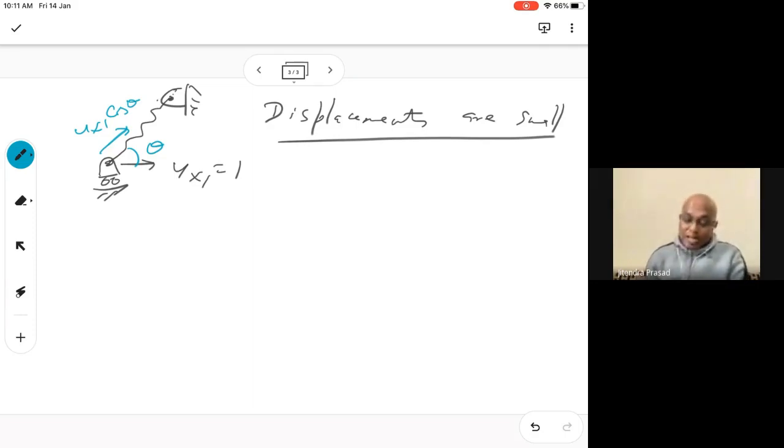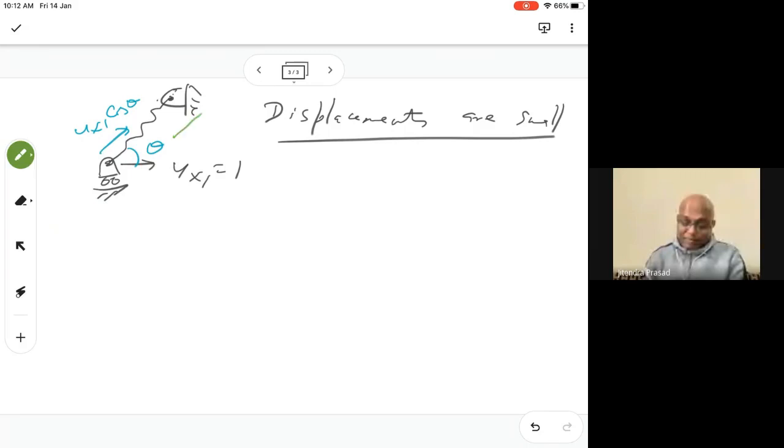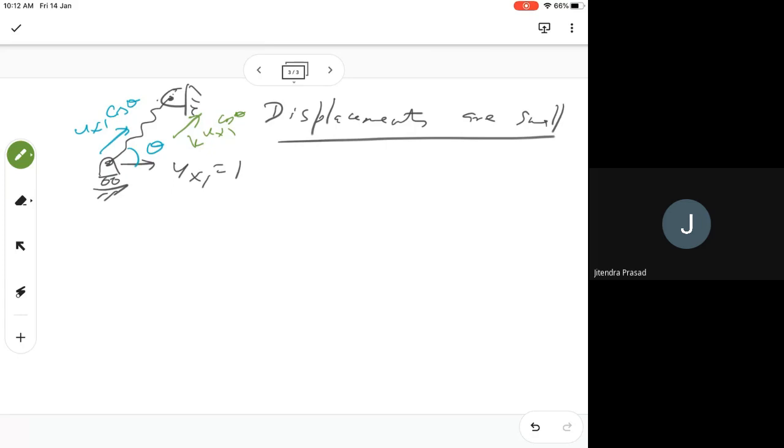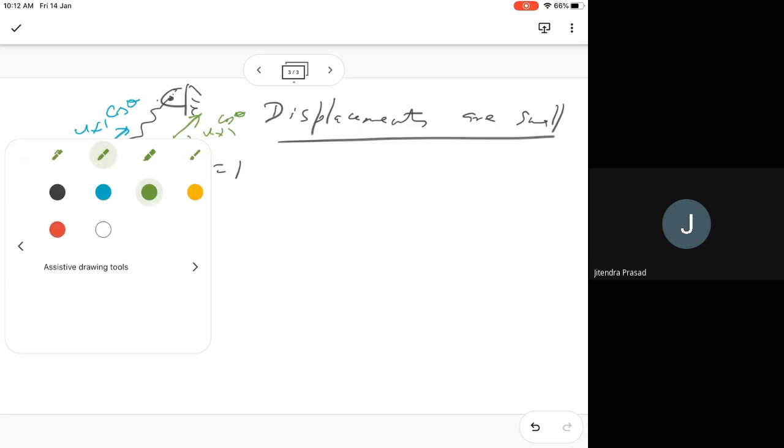If the displacement in that direction is ux1 cos theta, which is equal to cos theta because ux1 equal to 1, then what is the force generated? The force generated in this direction will be k times ux1 cos theta. Right? This is the force. So if that is the force here, now you are compressing it, right?